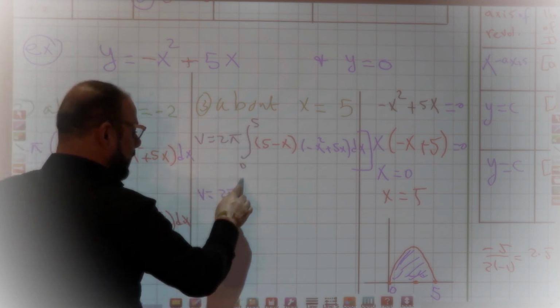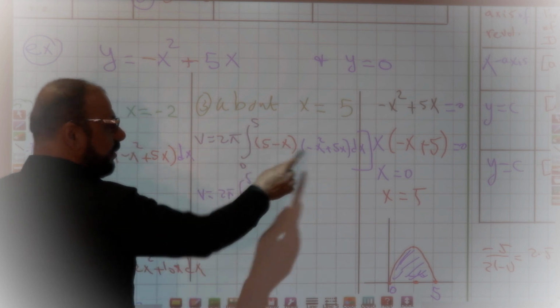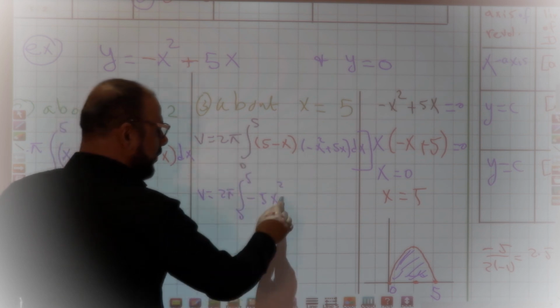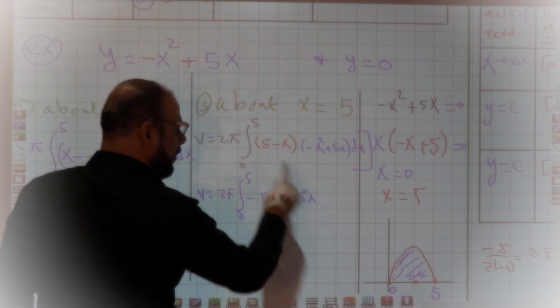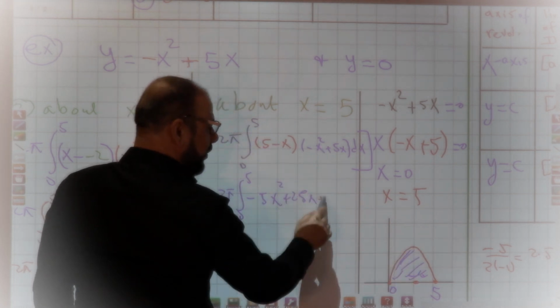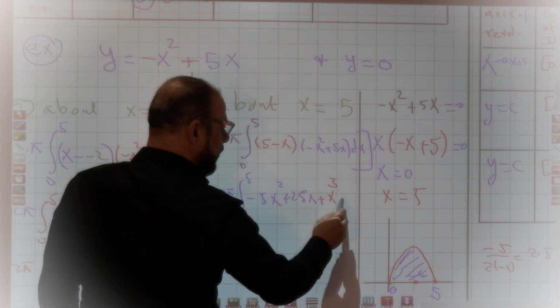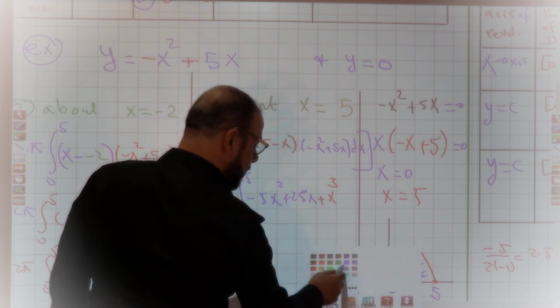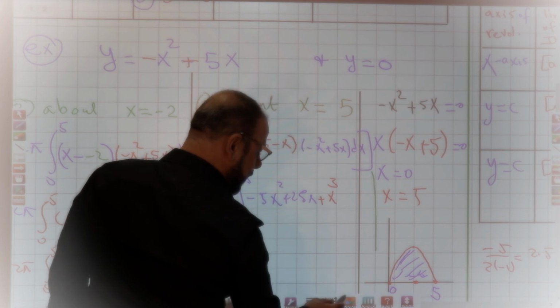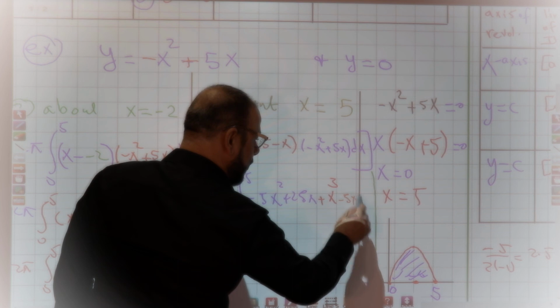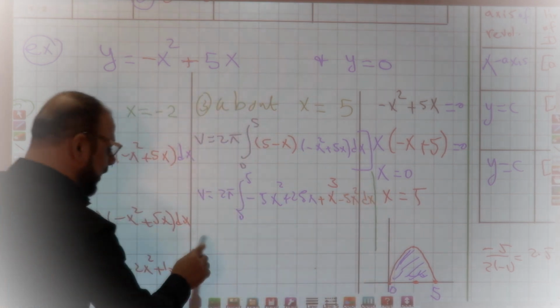Volume, 2 pi multiplied from 0 to 5, negative 5x squared plus 25x plus x cubed, minus 5x squared dx. Just combine the like terms.